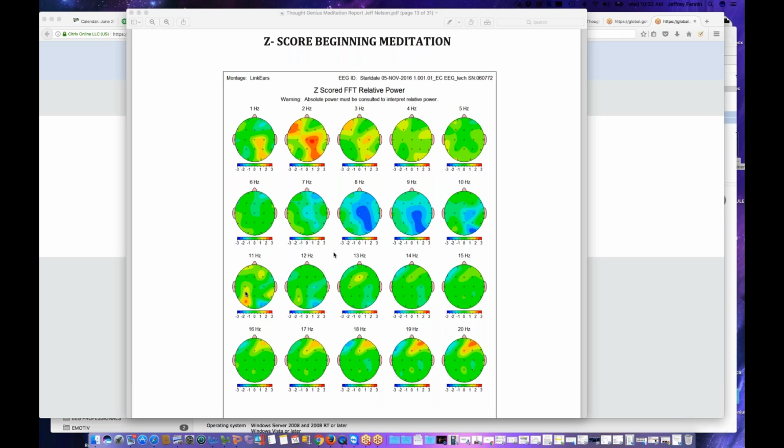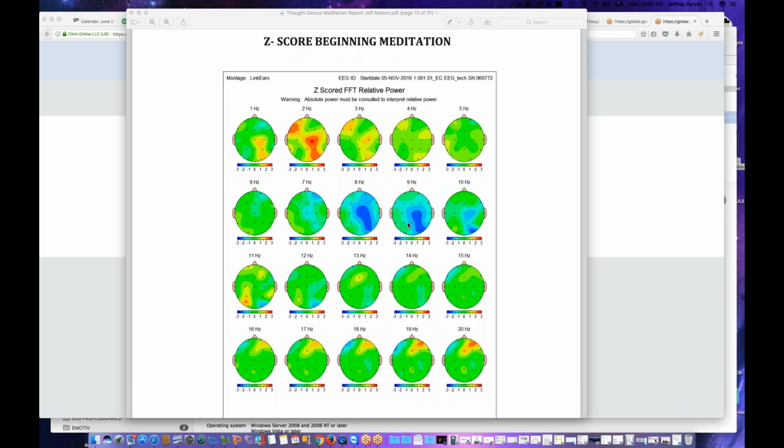Alpha is 9, 10, 11, and 12. So this activity here at 11 and the green here at 12, this is allowing that information from the field and from your subconscious to come into your conscious awareness. Also in alpha, 9 and 10 hertz, this is allowing you to be present in the moment.